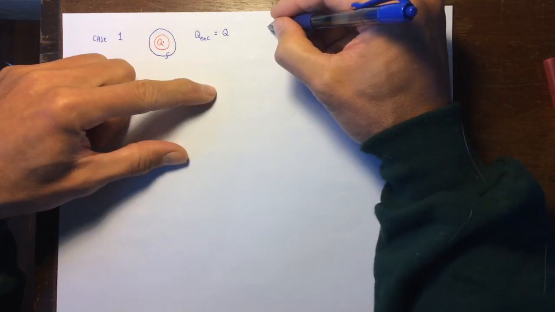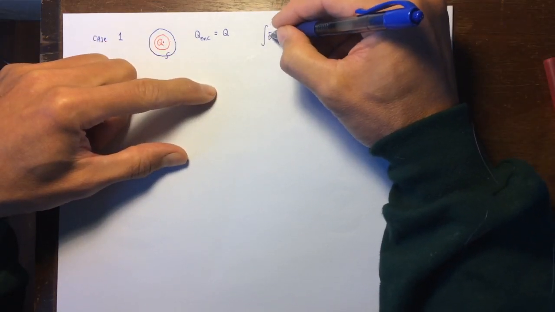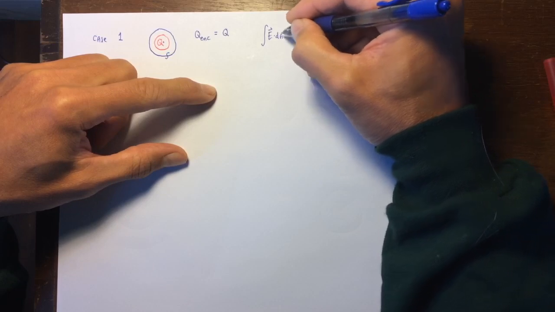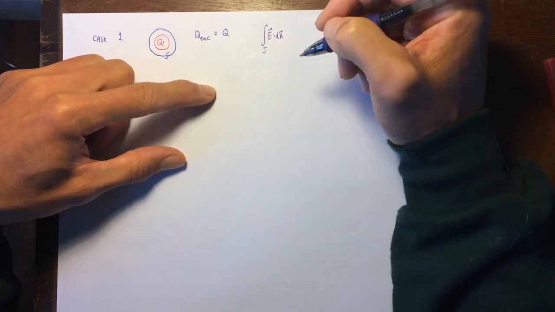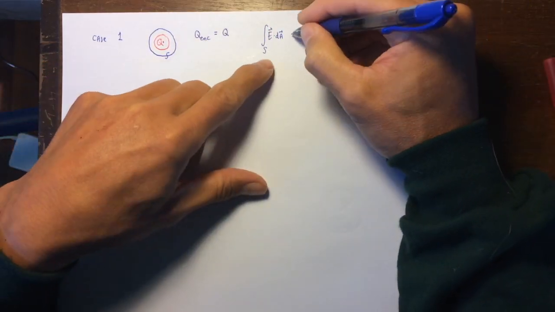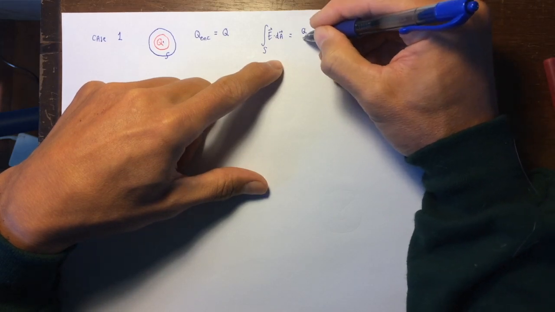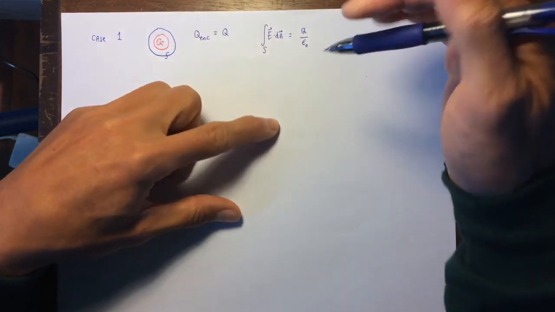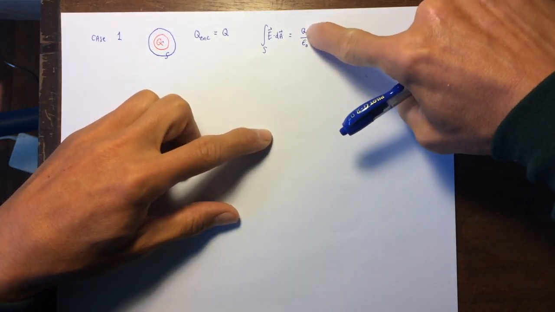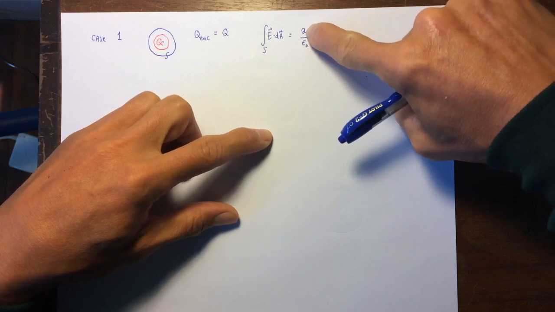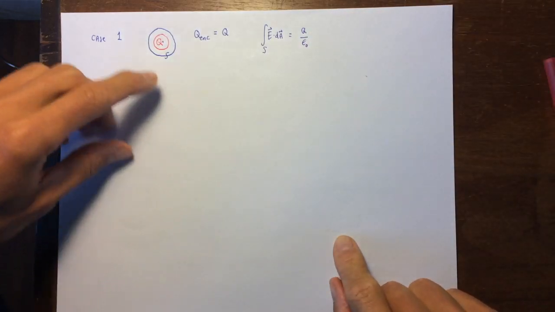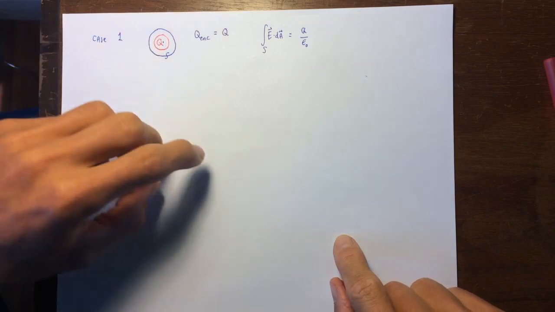So when we do Gauss's law and we ask what is the flux of electric field out of this surface, we already know that it's going to equal Q over epsilon naught, where that's the charge of the spherical shell that's all enclosed.